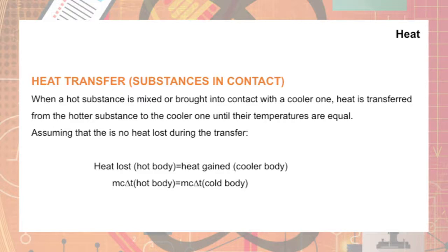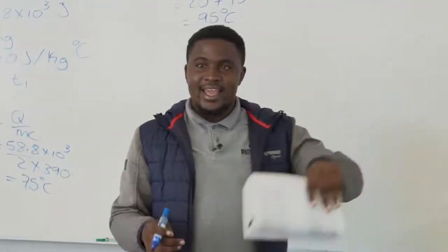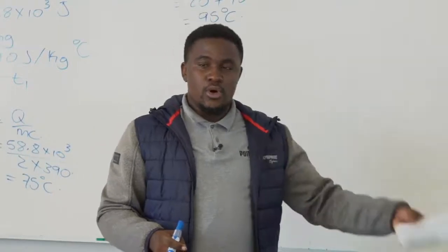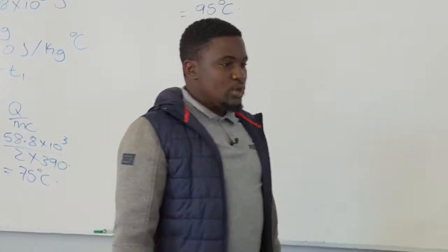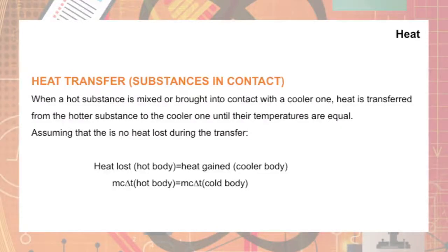We said that in a closed system, there is no energy that can enter the system and no energy that can leave the system. So this takes us to when we are looking at substances or objects that are in contact.